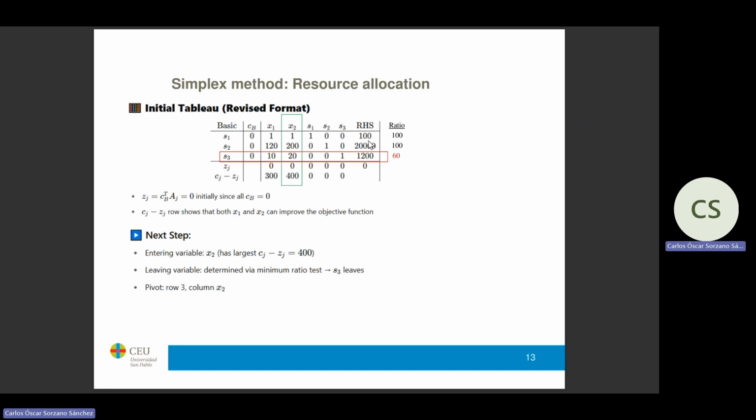Okay, so now Zj is the product of these coefficients times all these column vectors. All coefficients have 0, so all this is 0. And then Cj, that are the coefficients of each one of these terms in the goal function, minus Zj. So this is what we get. And then the maximum is 400 here.